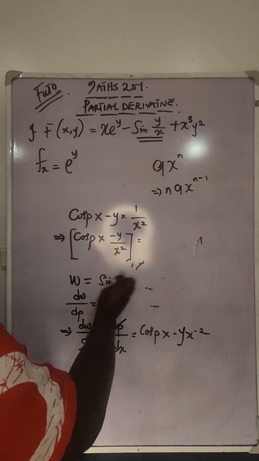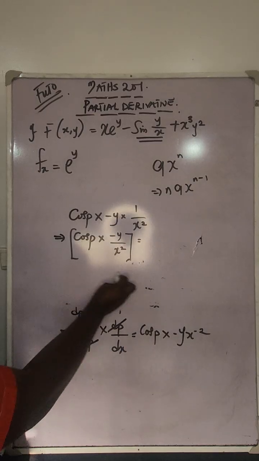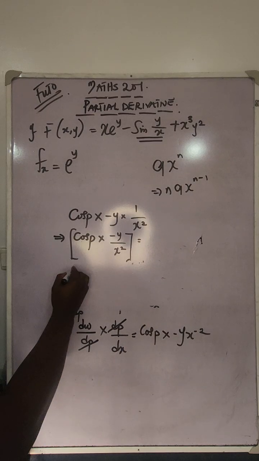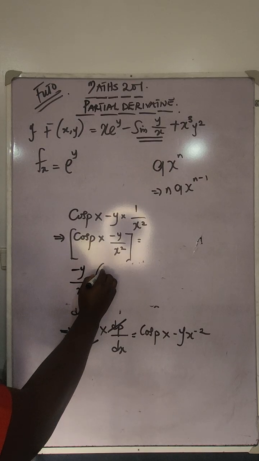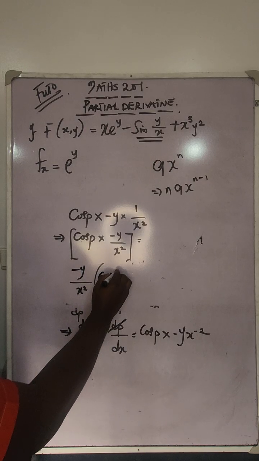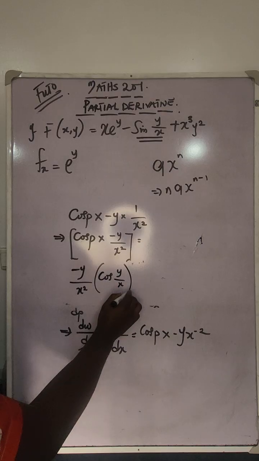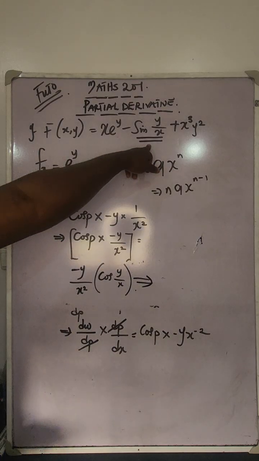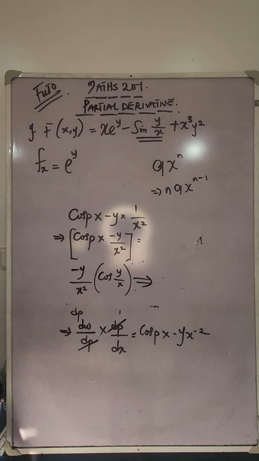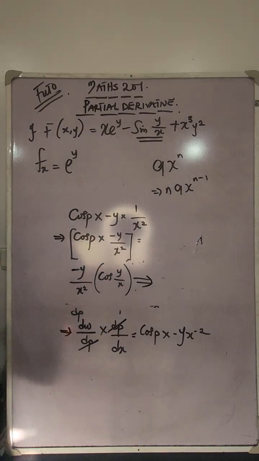So you're going to be having minus y over x squared, into bracket, cos y over x. This is the differential of this term here. Now recall that there is a minus here.